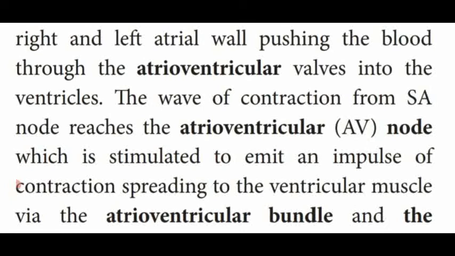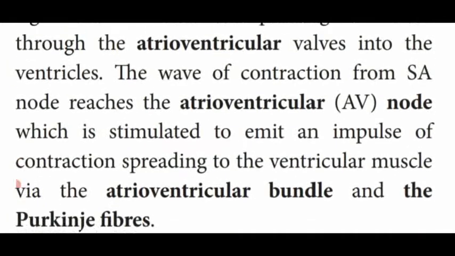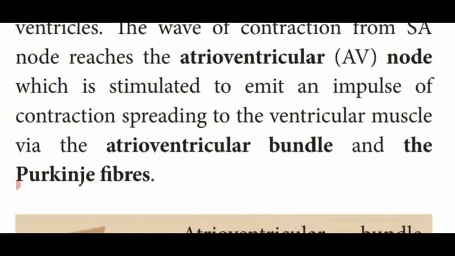The wave of contraction from the SA node reaches the AV node, the atrioventricular node, which is stimulated to emit the impulse of contraction, spreading to the ventricular muscle through the atrioventricular bundle and the Purkinje fibers.